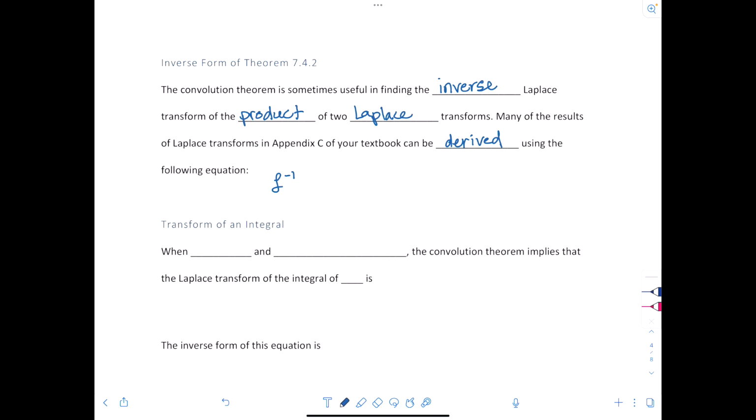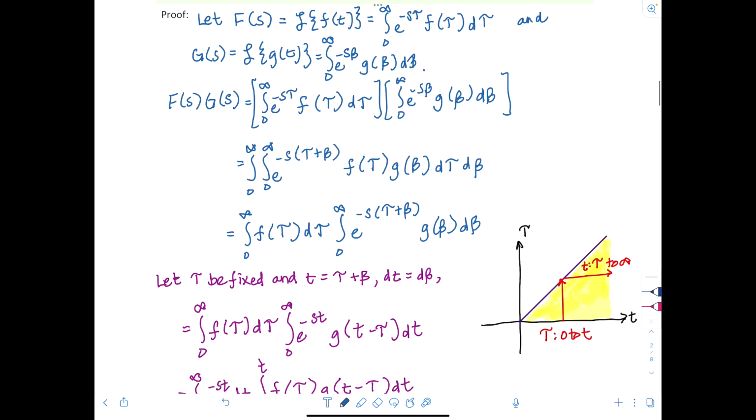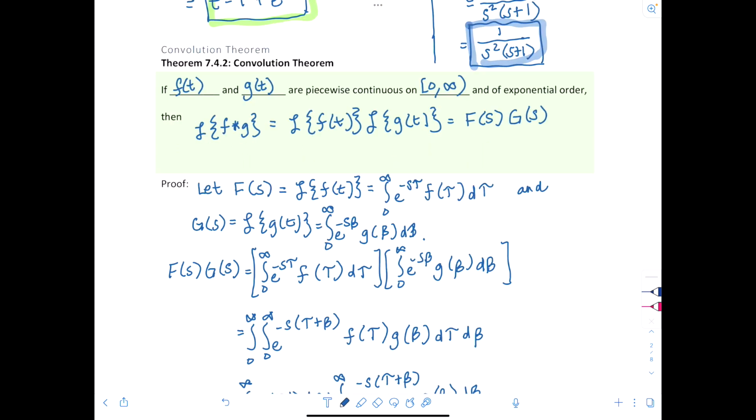So the inverse of the Laplace transform for capital F at S times capital G at S is equal to the convolution of F and G. And remember, you've got your convolution definition here. So all we did here is we inversed this part, right, and this part. Cool, cool?